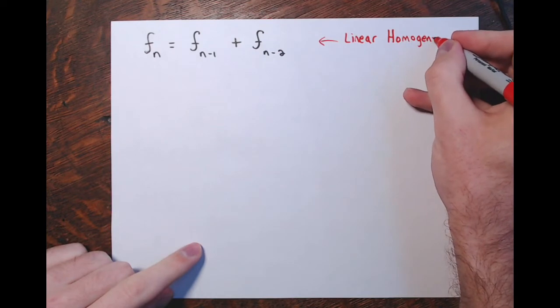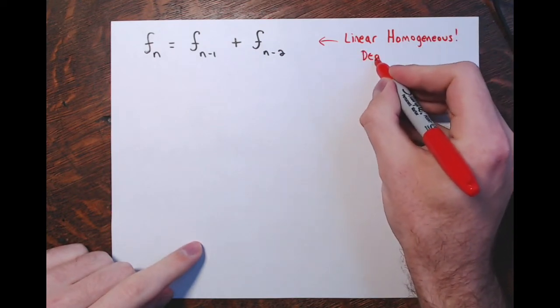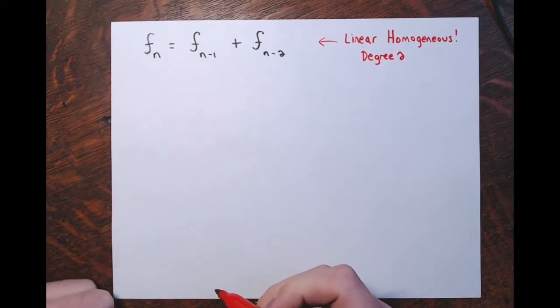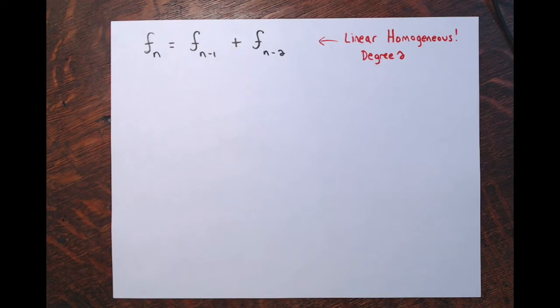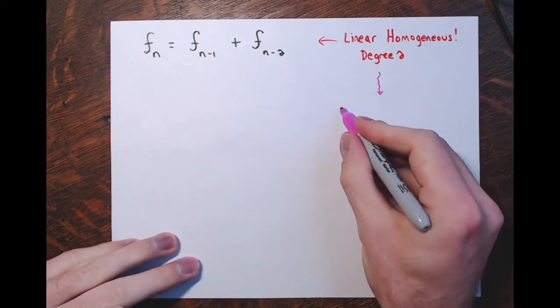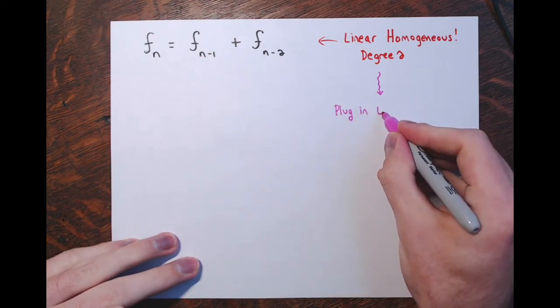So this is another example of a linear homogeneous, and it's degree 2, because you're going back to n minus 2. You're going back 2 terms. Now, since it's linear and homogeneous, what we're going to do is plug in an exponential expression.